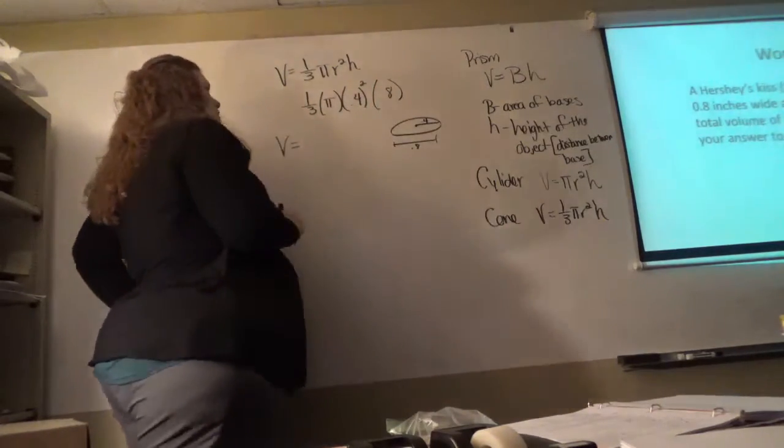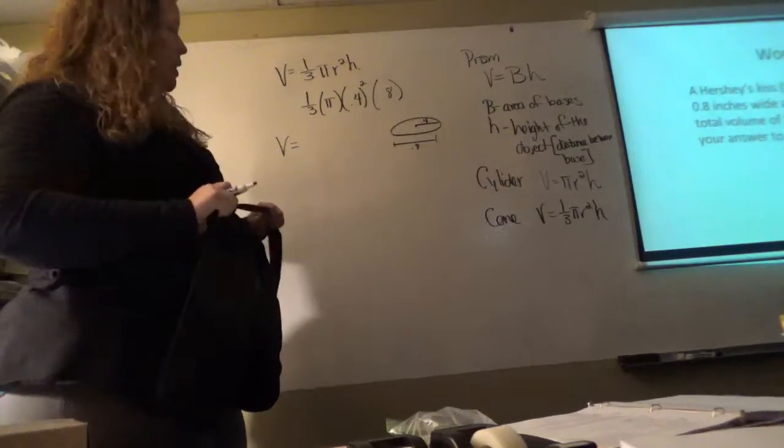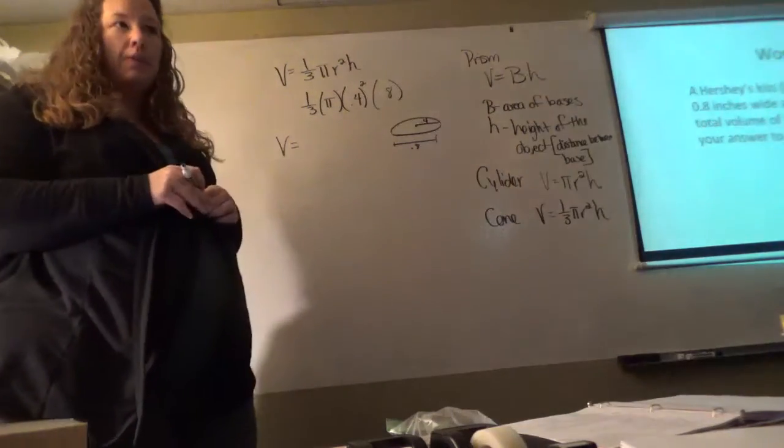All right. Calculator work. It is a very small decimal number, so if that's what you're getting and you think you're wrong, you're probably not. It should be a small decimal value.